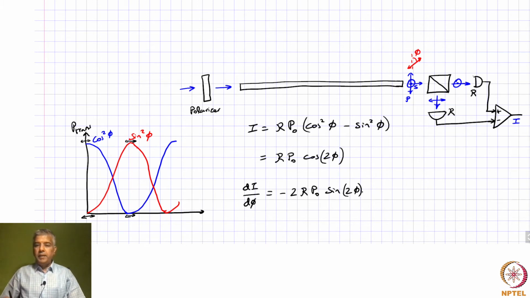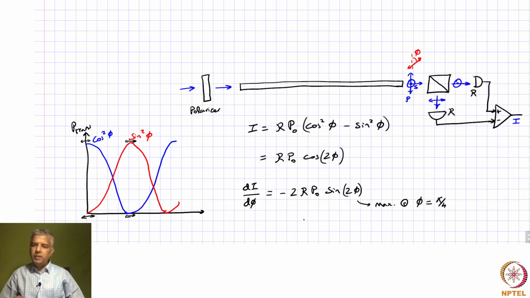Of course, that corresponds to the slope of this response curve here, and where is that maximum? So this becomes maximum at phi equals pi by 4, because when phi equals pi by 4, the term within the parenthesis becomes pi by 2, so sine pi by 2 equals 1. So that's where it becomes maximum.